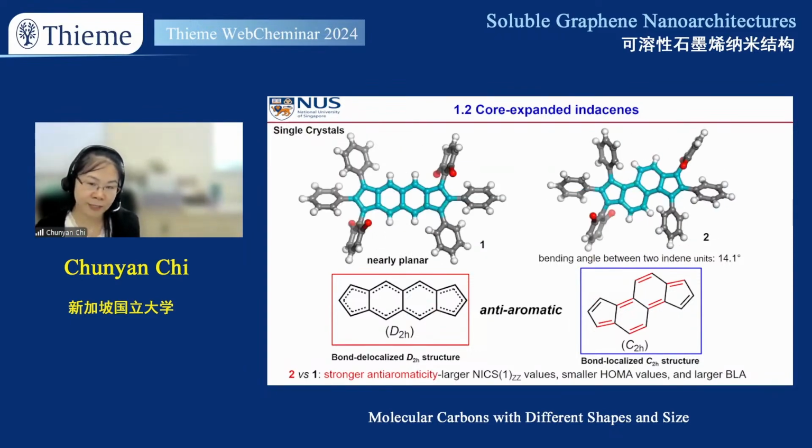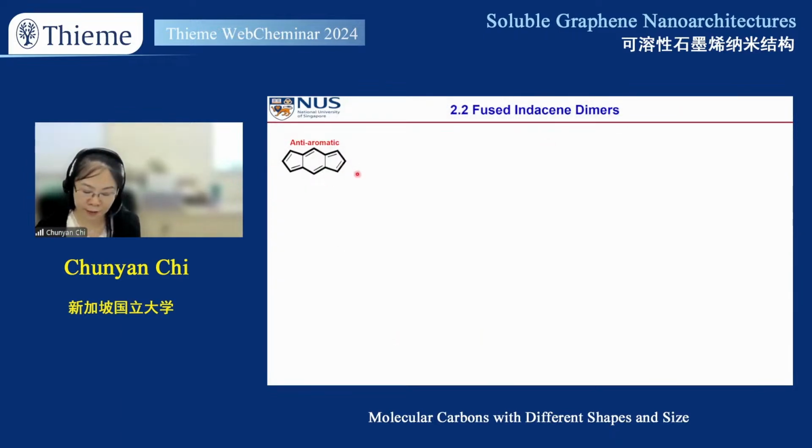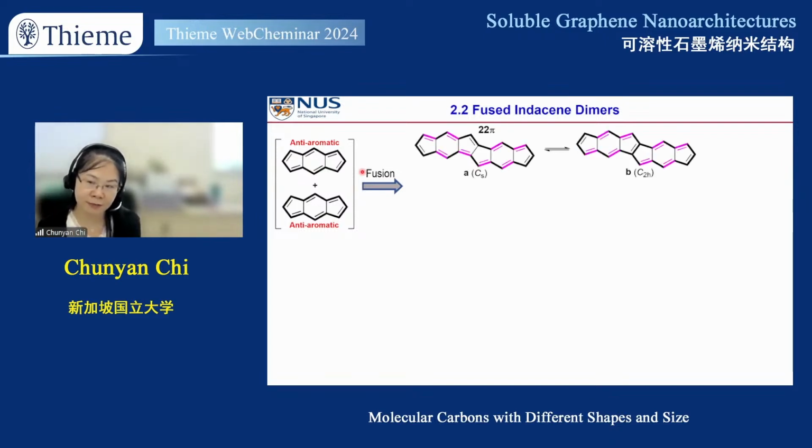So we know that s-indacene is anti-aromatic. Then how about if we fuse two s-indacene units together to form fused s-indacene dimers? In this case, we can draw two valence tautomers. Structure A has a 22 pi annulene-like conjugation pathway along the periphery.